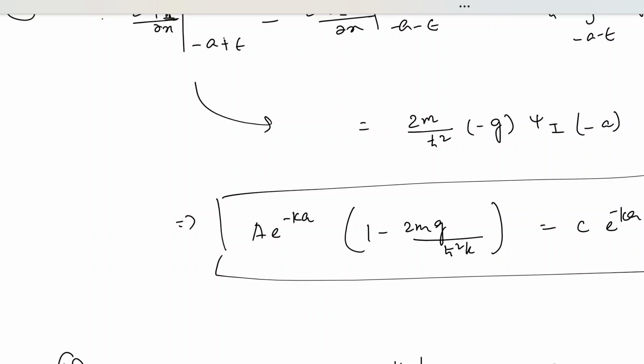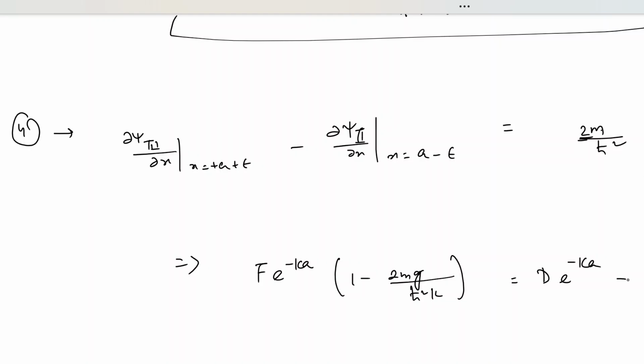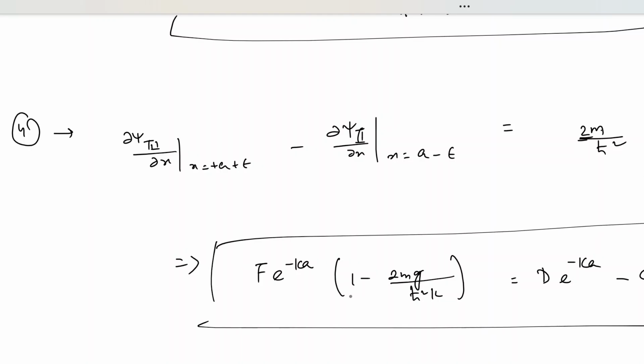There psi 1, psi 3. So from here you can simplify and write the expression as G e to the power of minus ka times (1 minus 2mg divided by h cut squared k) equal to D e to the power of minus ka minus C e to the power of ka. So this will be your equation number 4.